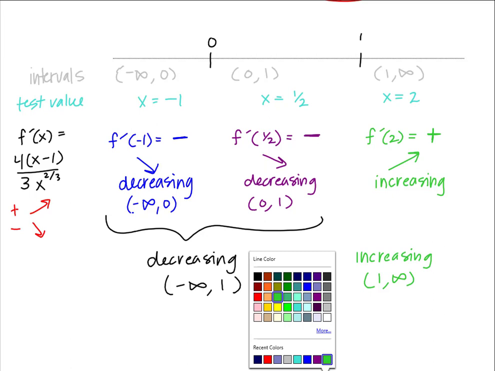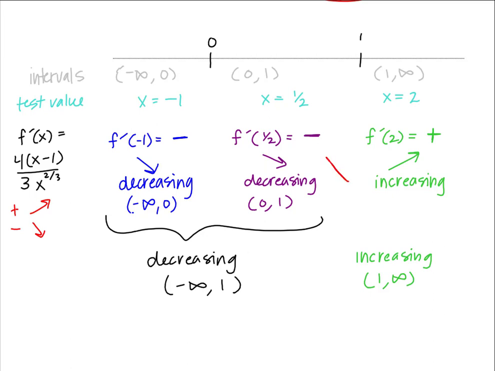Now, of course, we have one other item to talk about here. Since we changed, we were going down and now we are going up, what is happening likely at x equals 1? I wrote max, but that's not what's happening. If we're going down and then we're going up, we have a minimum value. So a minimum at x equals 1.